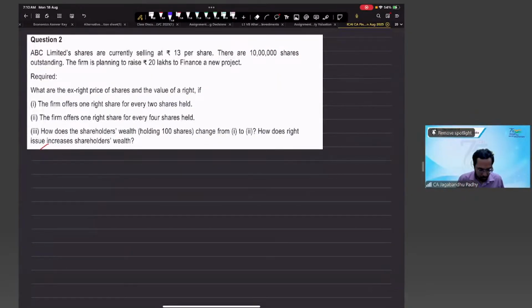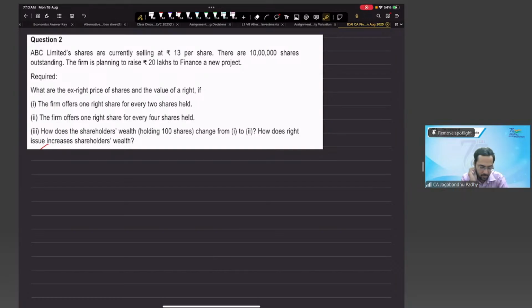So here we look at this question. It's not that FCFF or FCFE thing, but it's a totally different question that we are currently looking at. Let's say ABC Limited's shares are currently selling at a price of 13.